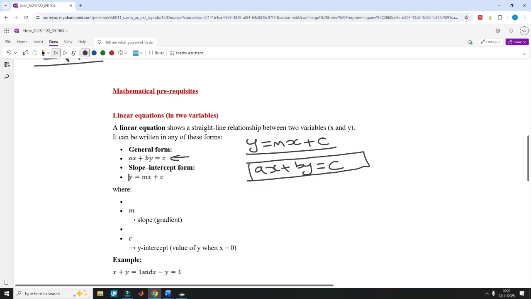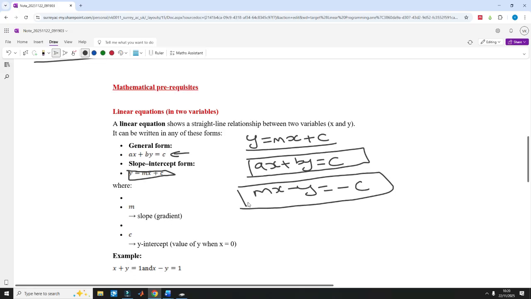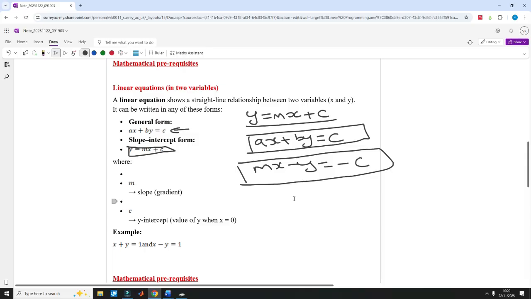This is the typical slope and intercept form you already know: y = mx + c. So typically how do we write it? mx - y = -c. This is the common way to write the linear equation for LPP problems, and this is something you have to remember.